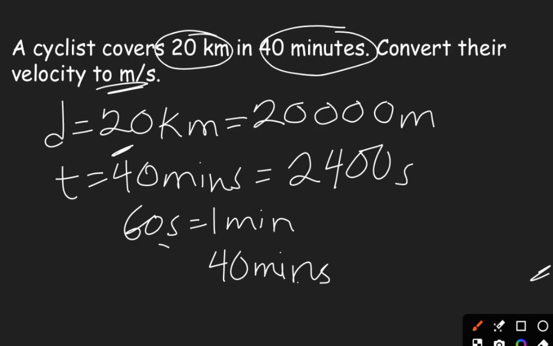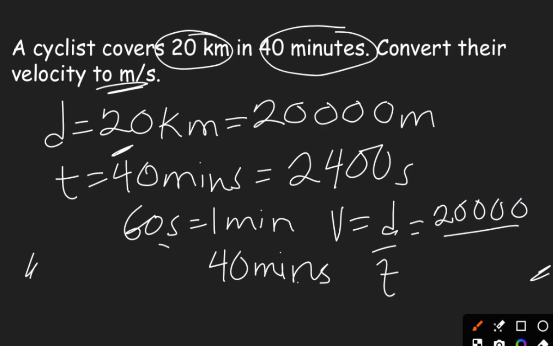So your formula, velocity equals distance over time. So your distance is what? 20,000 over your time, 2,400. So 20,000 divided by 2,400 will give you 8.3.